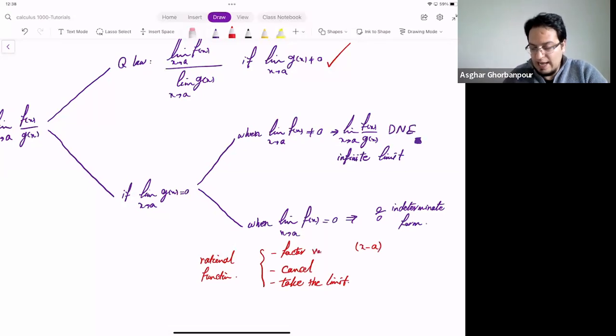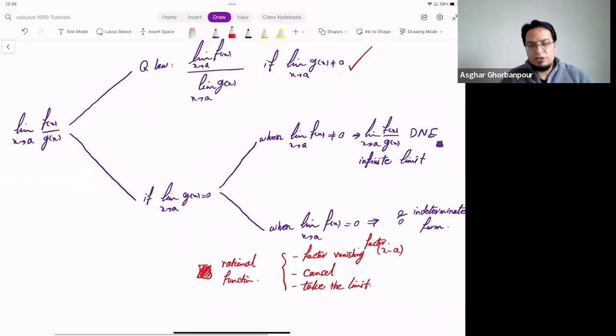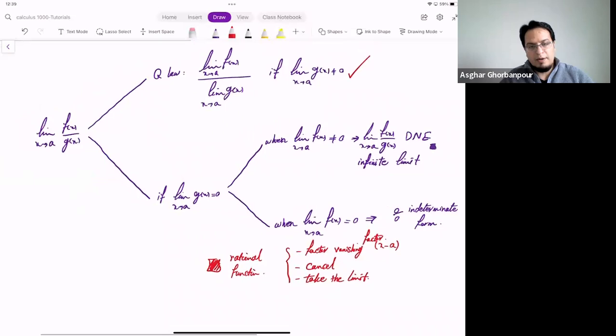I'll call this x minus a the vanishing factor. So you factor out the vanishing factor from both the denominator and numerator. Since it was 0 over 0, both of them will have some powers of the vanishing factor. You cancel them and you get a new limit and you try to solve it. The focus for today will be doing some examples for these cases. Before I continue, are there any questions, any comments?